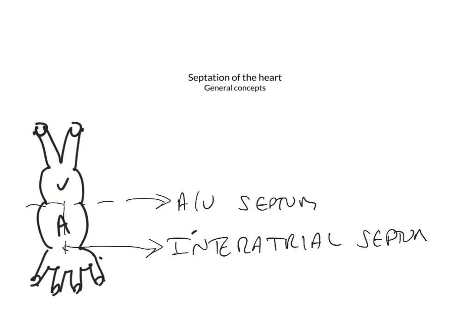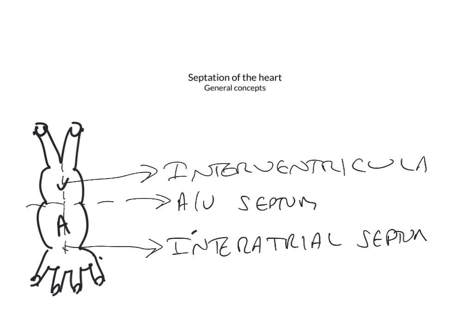We also need to create an interventricular septum, whereby we can separate the primitive ventricle into a left and right ventricle.